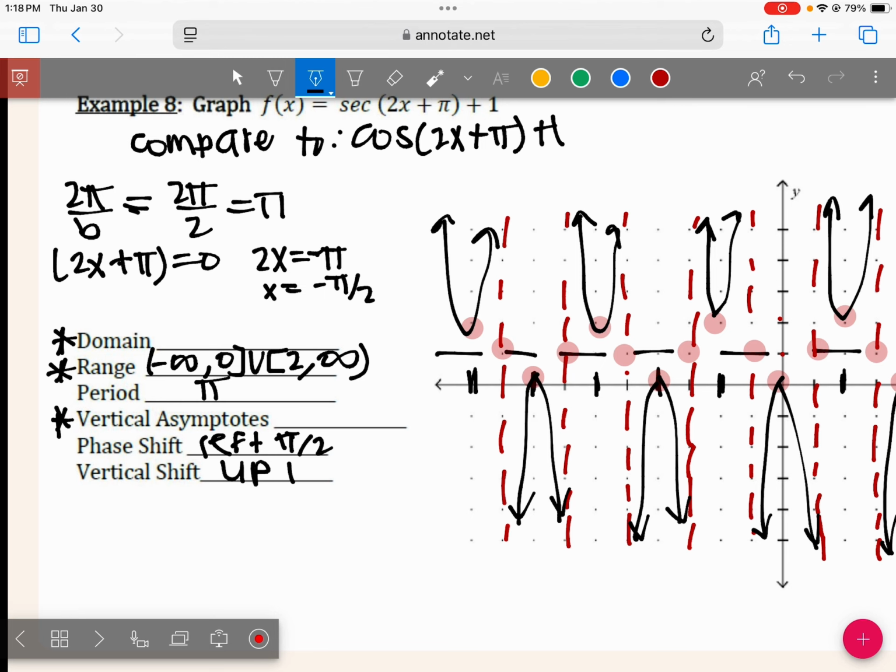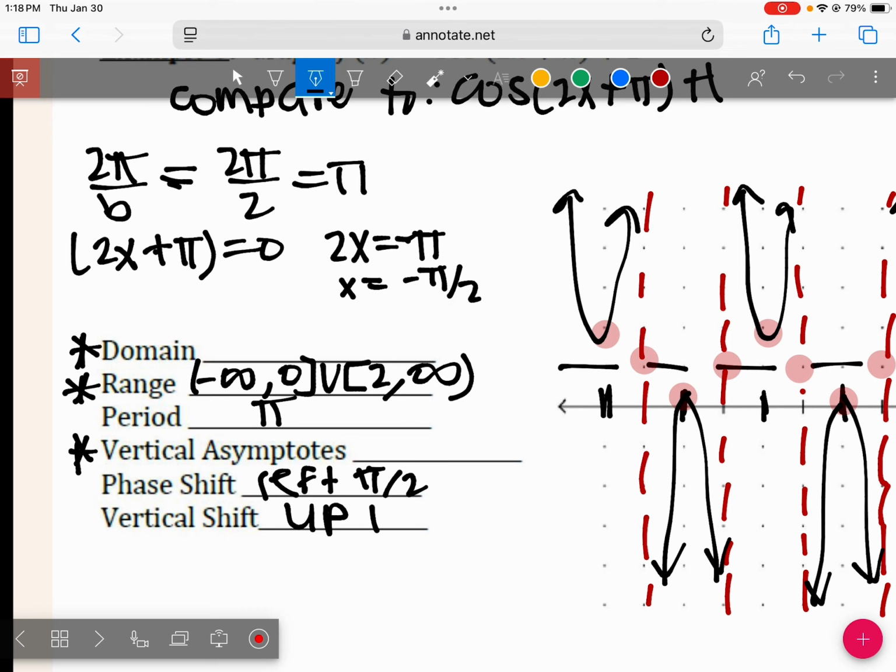What are these tick marks all worth? Pi over 4. So the big tick marks are pi halves. So our domain is all the x's such that the x does not equal pi fourths plus or minus k pi. And then you go down to your vertical asymptotes and you write the same thing, but you write that it's equal to.